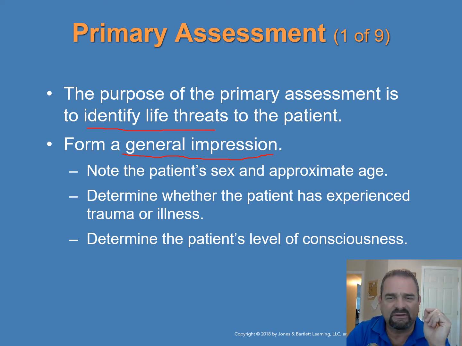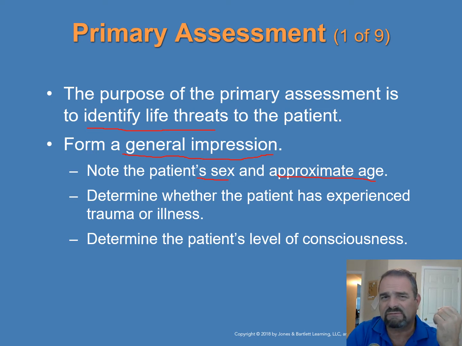You will note the patient's sex and approximate age. Determine whether the patient has experienced a trauma event or an illness type event. These life threats are generally related to problems with the patient's airway, breathing, and circulation. So it's important to identify these threatening conditions quickly so you can take immediate action to correct them.